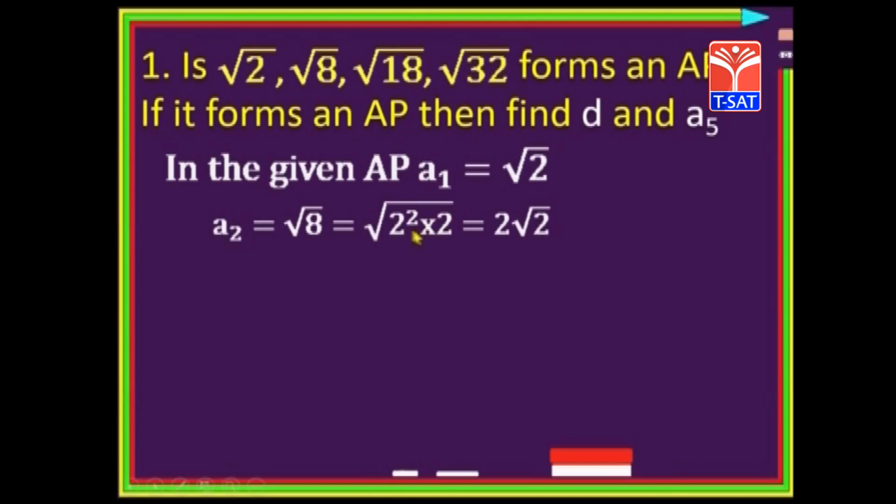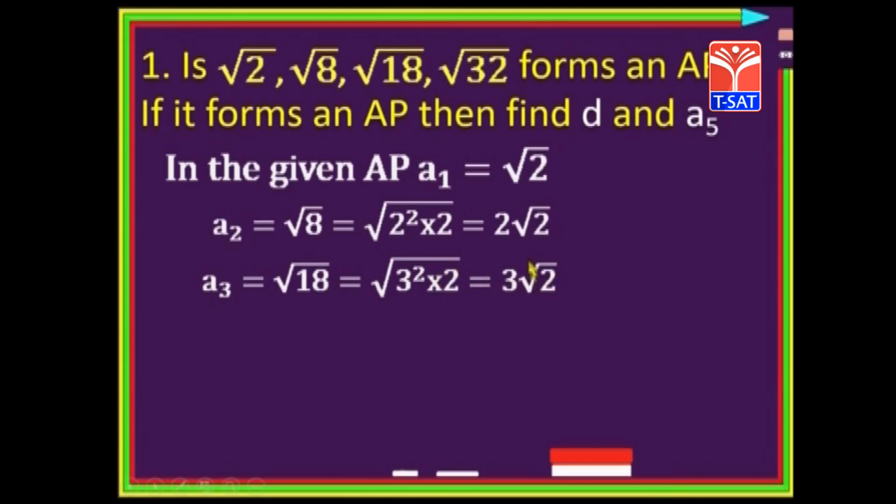What is the square root of 2 square? That is 2, and into root 2. So, the value of root 8 is 2 root 2. Next, what is the value of root 18? Root 18 can be written as root 9 into 2, and 9 is 3 square. So, what is the square root of 3 square? 3, into square root of 2.